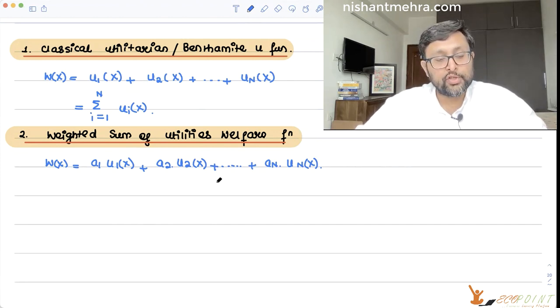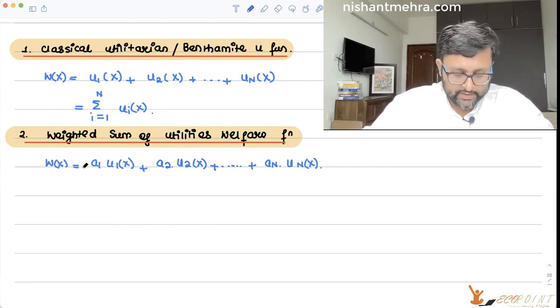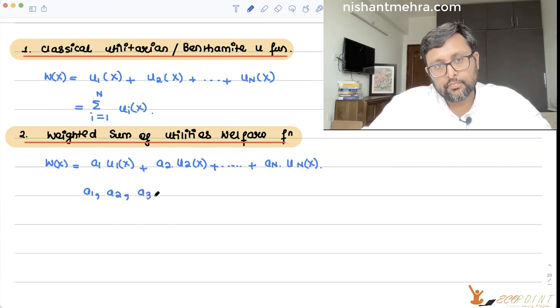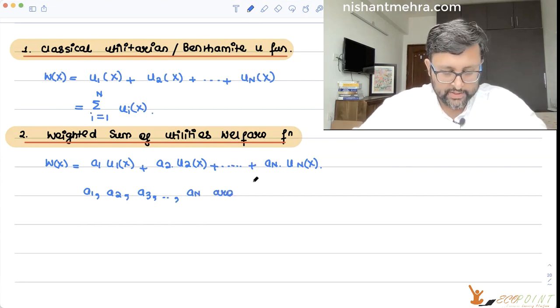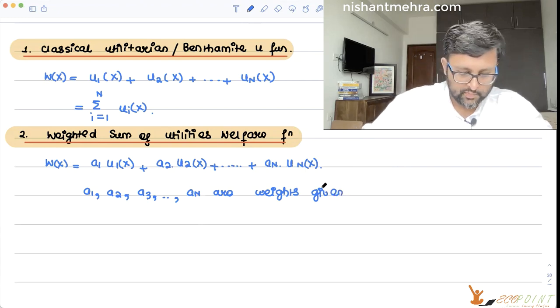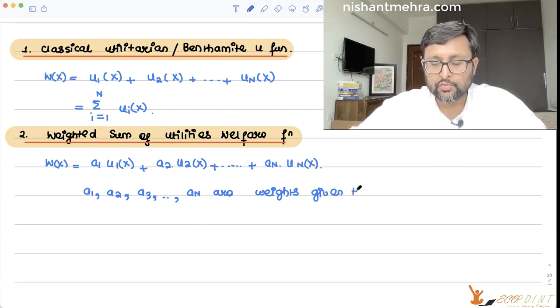So A1, A2, A3, and so on to An are the weights which are assigned to the utilities of individual 1, 2, 3, and so on to N. Here, everyone has the same weight. Here, the weights are different. So A1, A2, A3 are weights given to utilities of individuals.